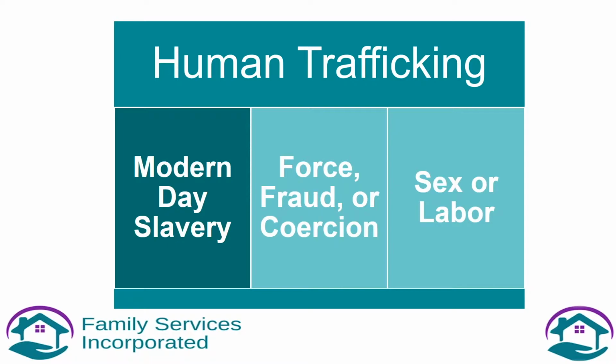Like I said, it doesn't matter whether we're talking about sex trafficking and commercially selling someone for sex, or labor trafficking where we are using someone as basically slave labor. Both are defined by the use of force, fraud, or coercion to obtain something.